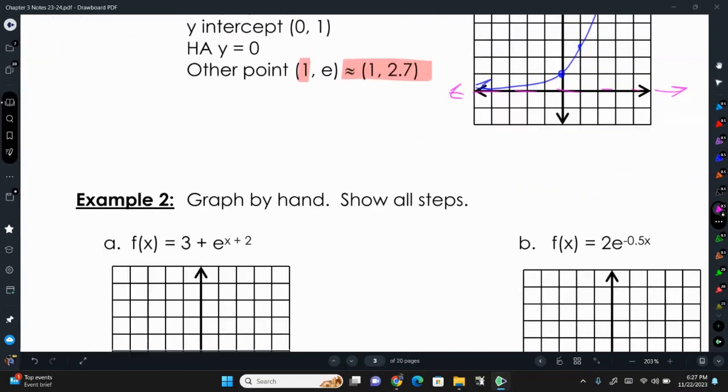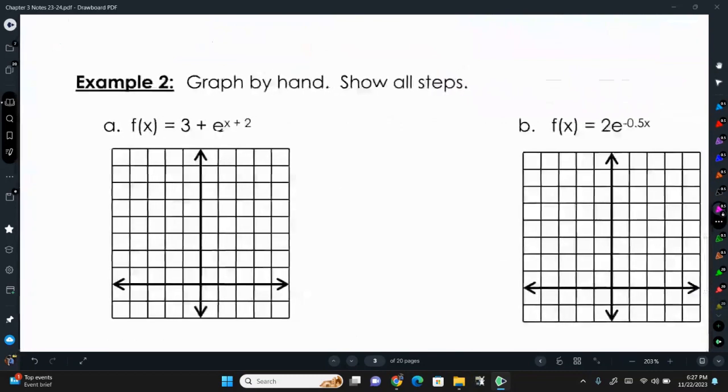Right, so let's go and graph this function here, 3 plus e to the x plus 2 power. So just like yesterday, our horizontal asymptote is y equals the number being added, so y equals 3.